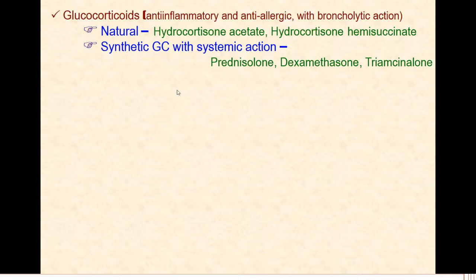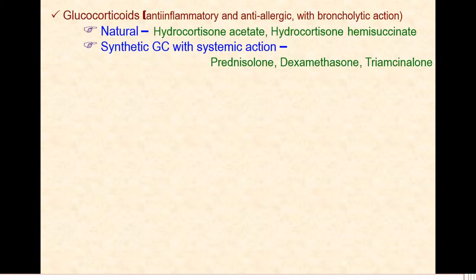Synthetic analogs include prednisolone, methylprednisolone, dexamethasone, triamcinolone. Both natural and synthetic act on the whole organism. These are drugs introduced intramuscularly or intravenously, and they act systemically.